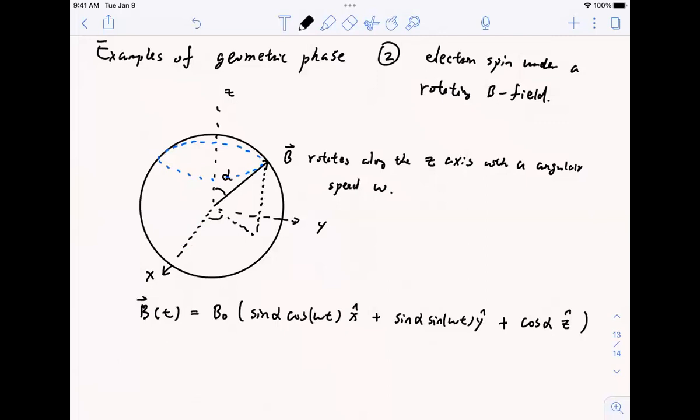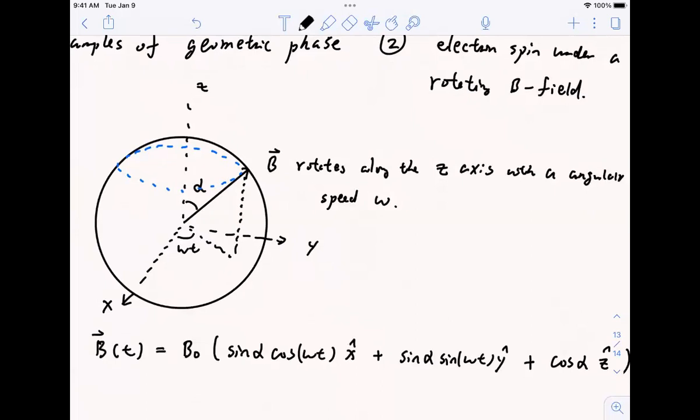So this will be omega t. So you just decompose.